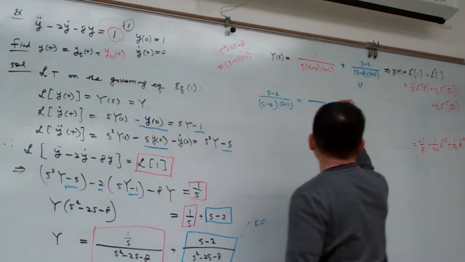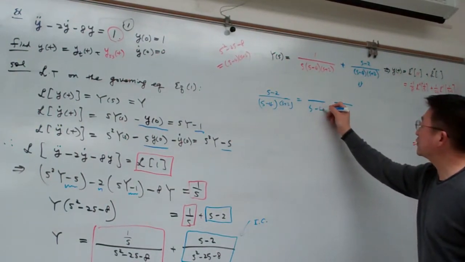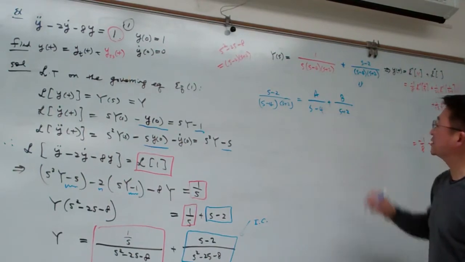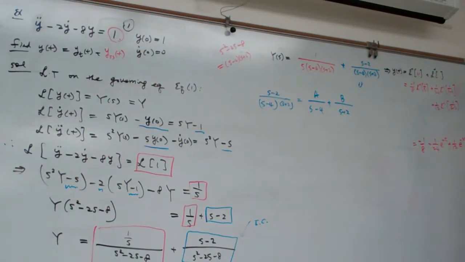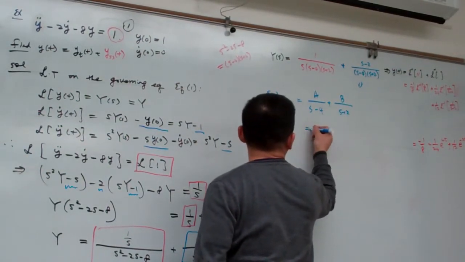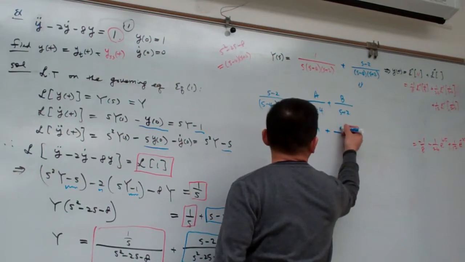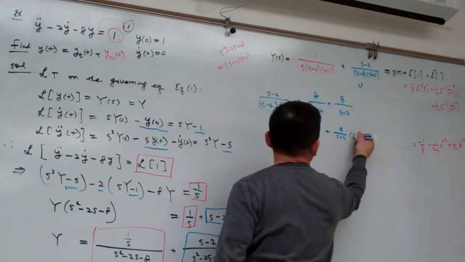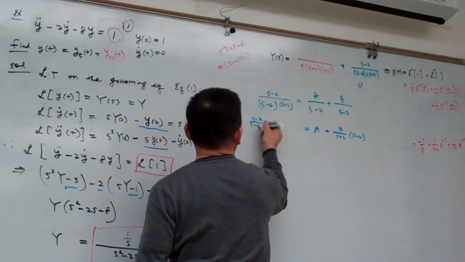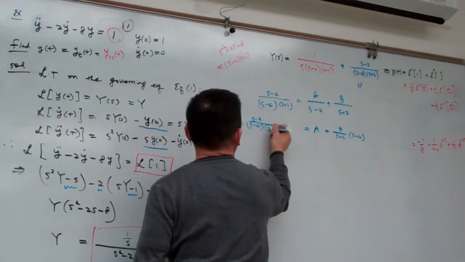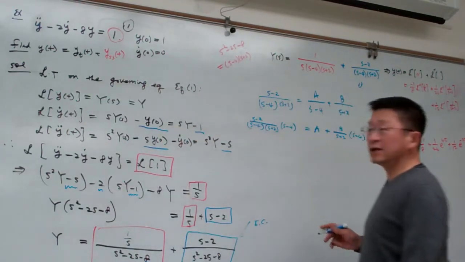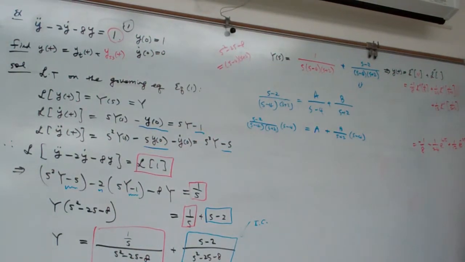We factorize into terms s minus 4 and s plus 2, and again use the coefficients A, B, C. So A over s minus 2 plus B over s minus 4 plus C over s plus 2. Let me redo the detailed calculation.